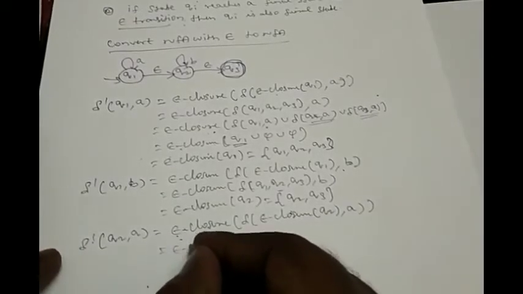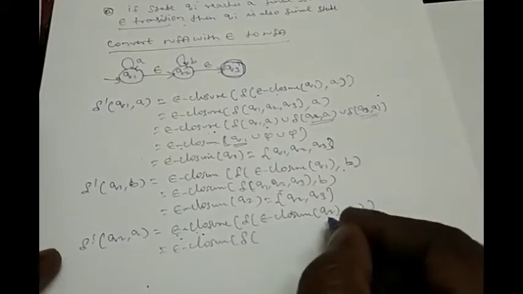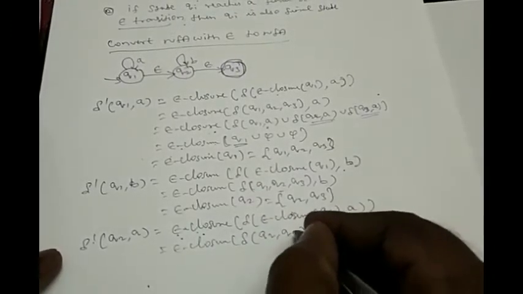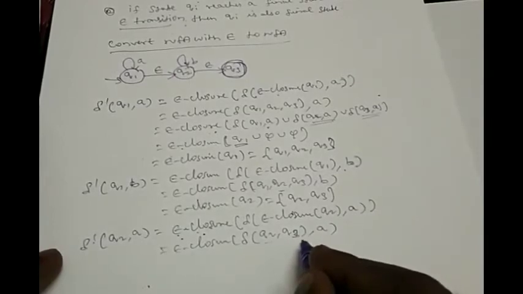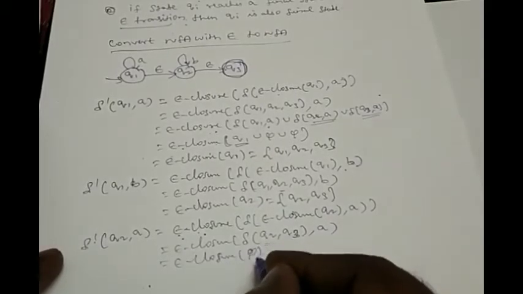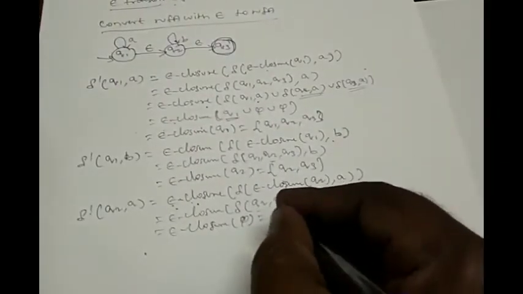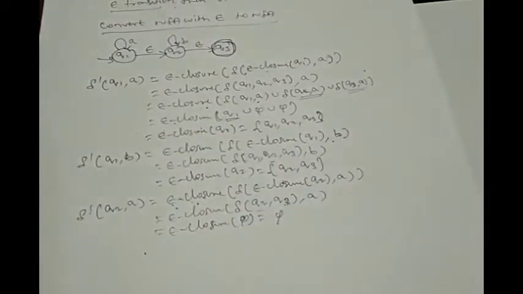It is Q2 comma Q3. When you apply A here, you cannot apply A in either Q2 or Q3, so you get phi. So epsilon closure of phi again gives phi. So no transition exists for Q2 on A.